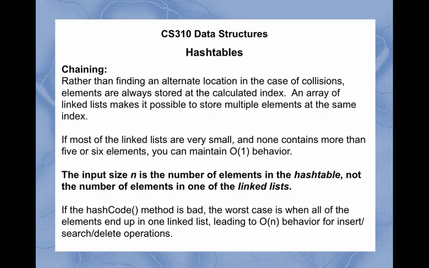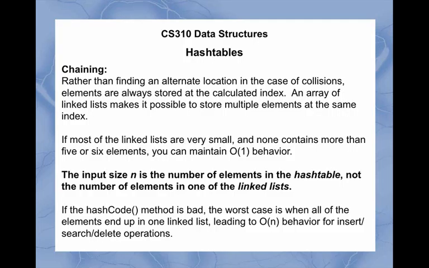If most of the linked lists are very small, none contains more than maybe 5 or 6 elements, then you can maintain big O of 1 behavior. And again, the length of the linked list is actually a factor of lambda, the load factor, but it's not relevant at all to the number of elements that are in the hash table.